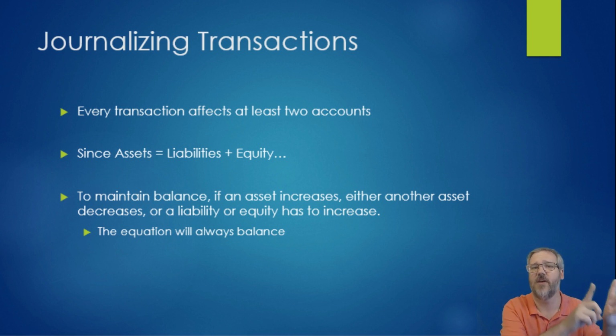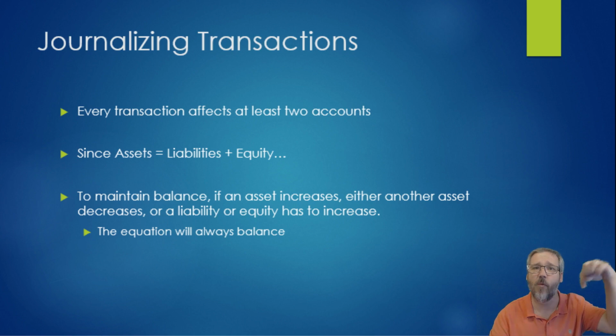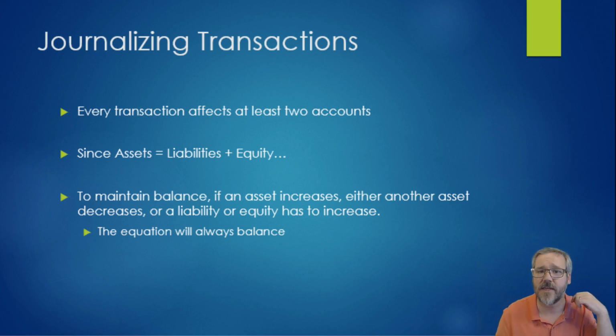If I'm only affecting one side of the equal sign, they have to work in reverse. One asset goes down, another asset goes up. But always remember, my equation will always balance. If you're ever concerned as to whether or not you have made an entry correctly, just see if assets still equal liabilities plus equities. If they don't, you did it wrong. If they do, you probably got it right.